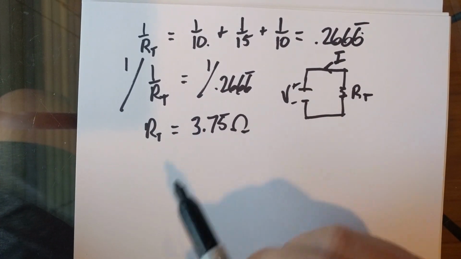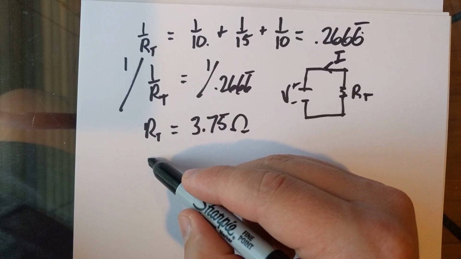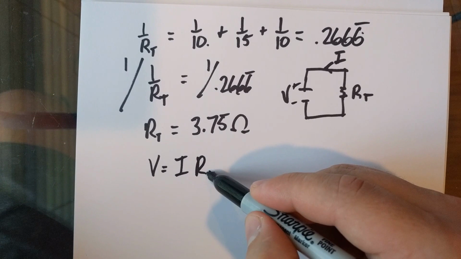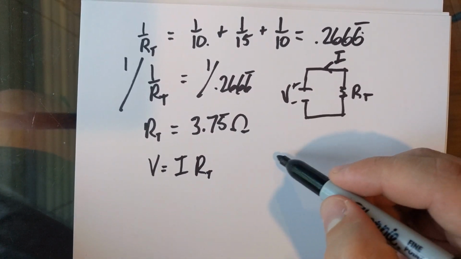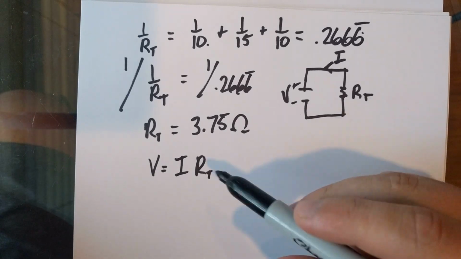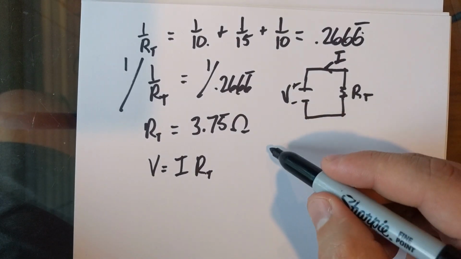Alright, so now we've got this, and we can come back to our V equals I R. This is total, right? And so what is easier sometimes to do, don't rush to put numbers in.